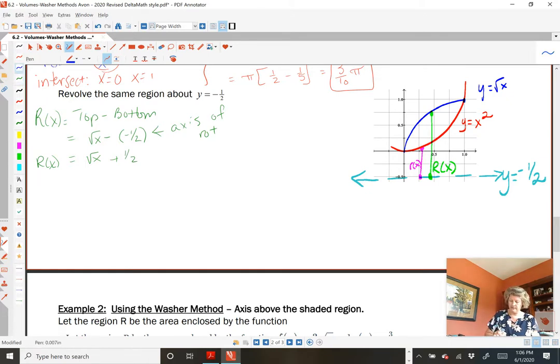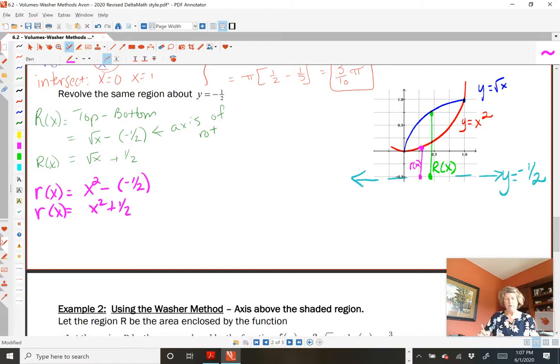Little r of x will end up being the red curve x squared minus the lower function here, which is -1/2, the axis of rotation. And I'm going to get x squared plus 1/2 as my r of x.